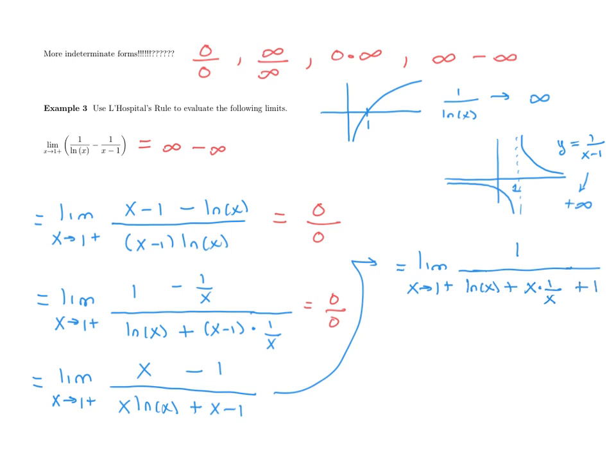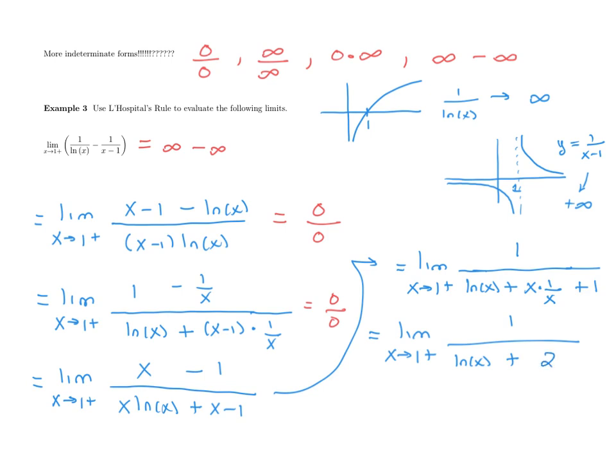Then the derivative of x is 1, and 1 goes to 0. I'll write this as just 1. This is the limit as x approaches 1 from the right of 1 divided by the natural log of x plus, this is 1, this is 1, we get 2.